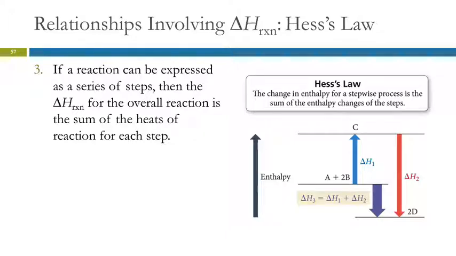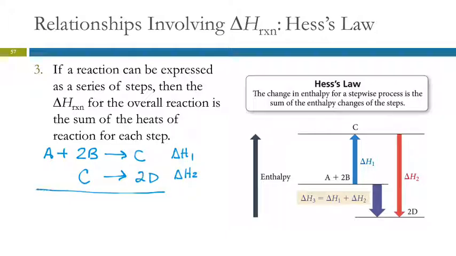We have A plus 2B is forming C. So that's this one right here. And then C is forming 2D. So we have a delta H for this, and we have a delta H for that.